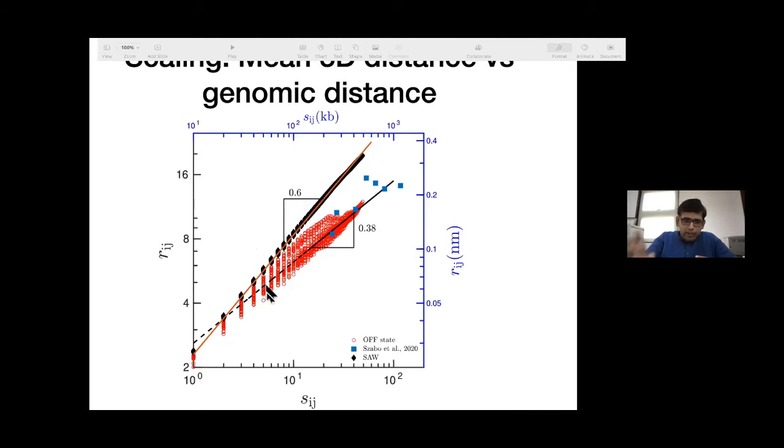exponent, that all of you know. But in the off state, the exponent will be closer to the close packing limit, closer to 0.38, and you get a curve like this. You can see that there is already a spread, and there is no spread for the self-avoiding walk, suggesting that the spread comes from the heterogeneous interaction.